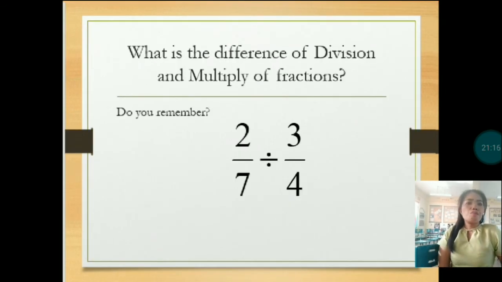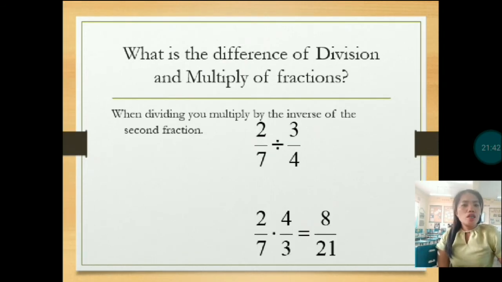Now, what is the difference between dividing and multiplying fractions? If you can still remember from our elementary years when we were dealing with just numbers or integers, we have here 2 over 7, for example, divided by 3 over 4.